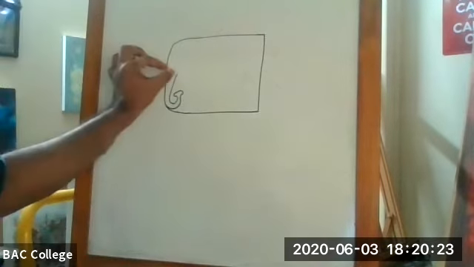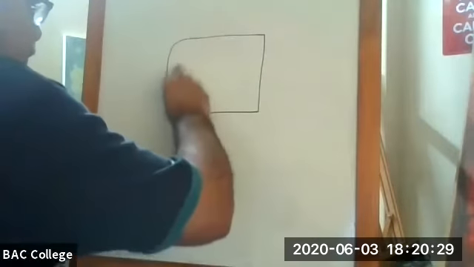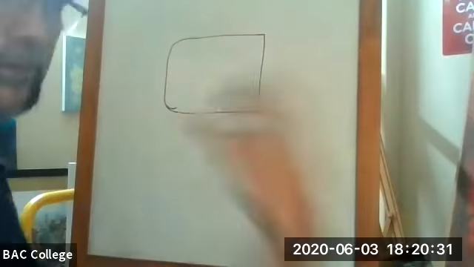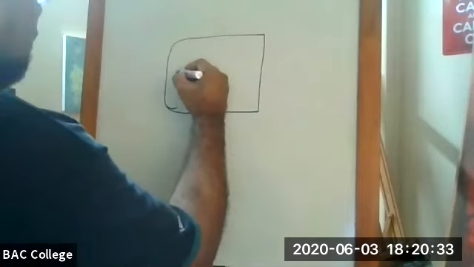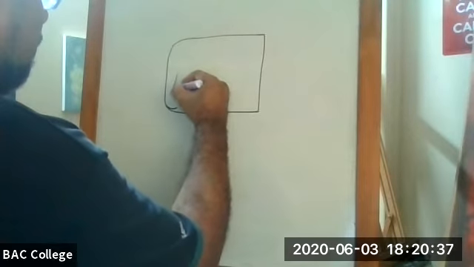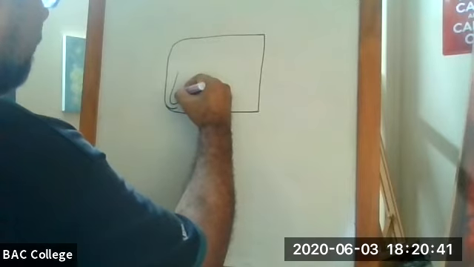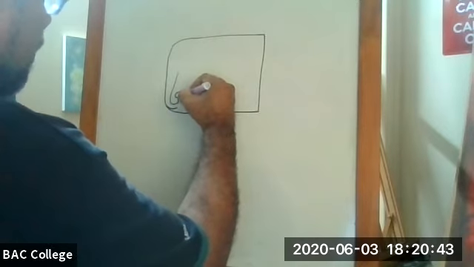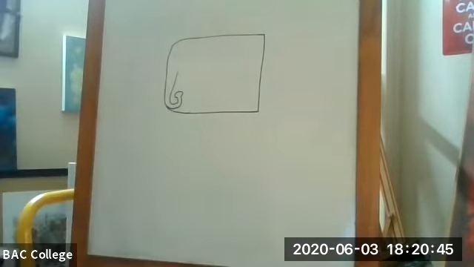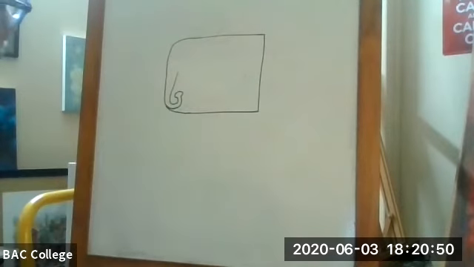From thick to thin. Let me draw that again so that you can follow. You can always draw another block. From here, you go down, then curve it up, and you go in. So that is done.